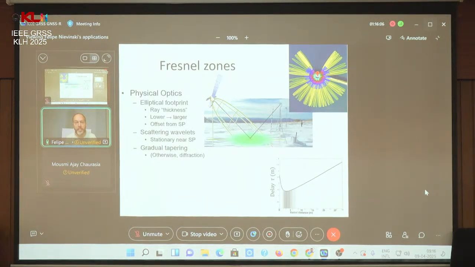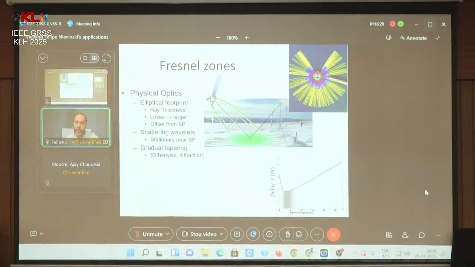Whereas for satellites that are lower in the sky, not only is the reflection far from the antenna, but the area involved in this specular reflection will get larger. Okay, but it's larger in a very asymmetric fashion.